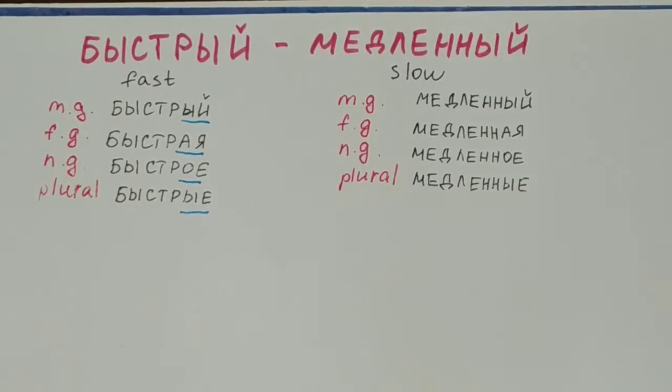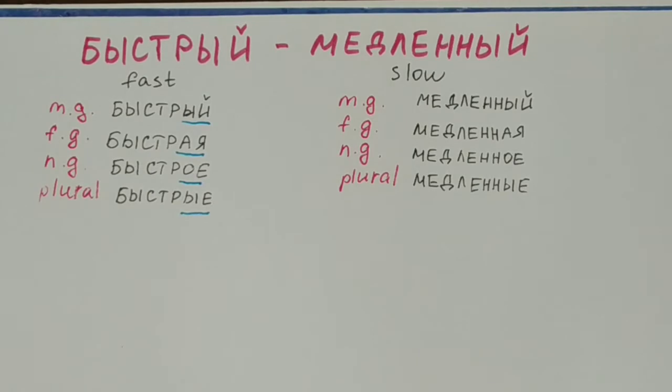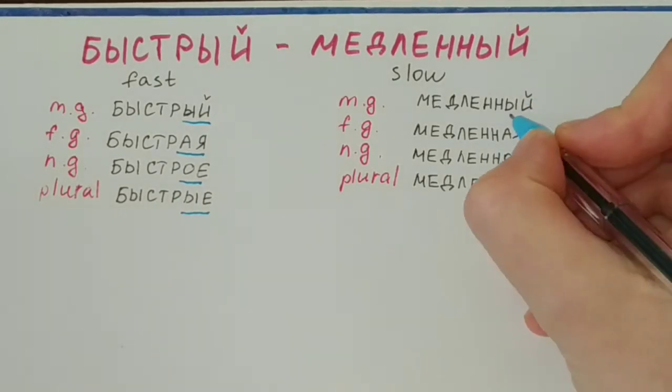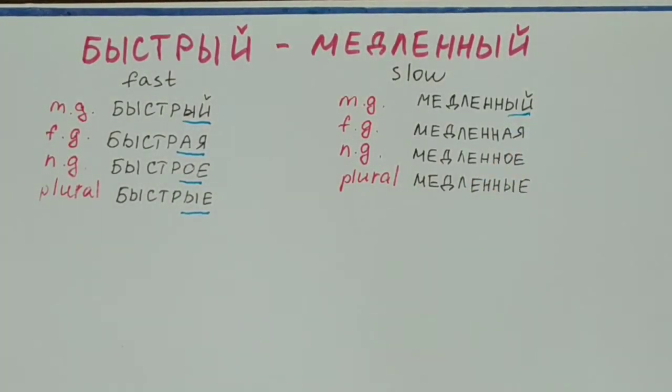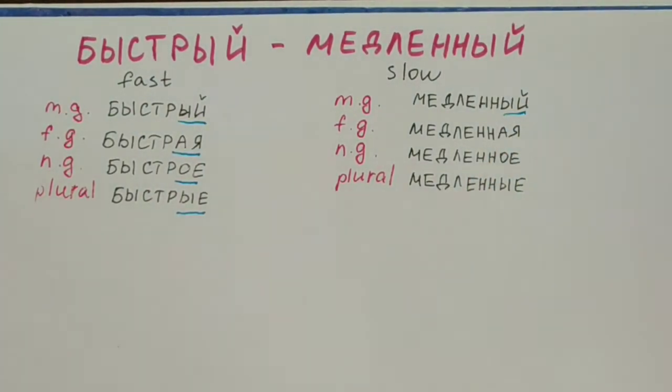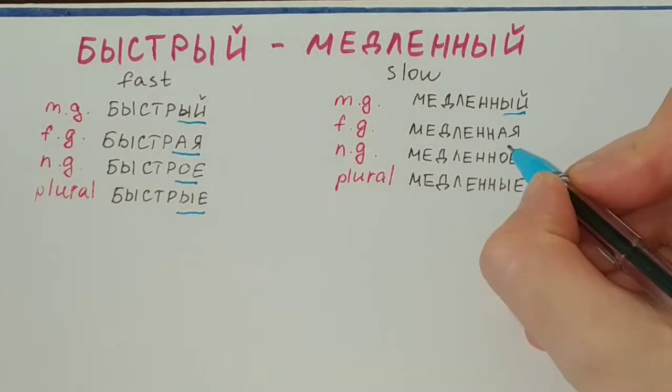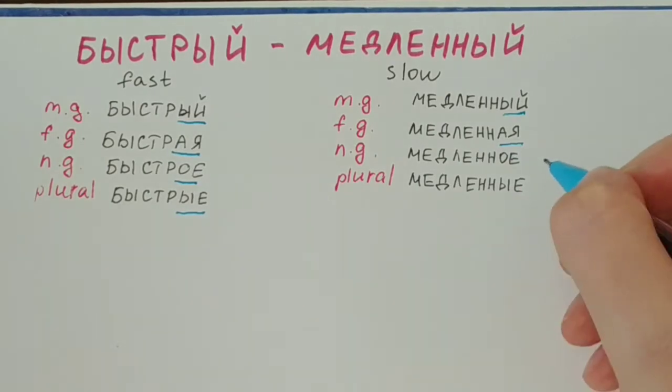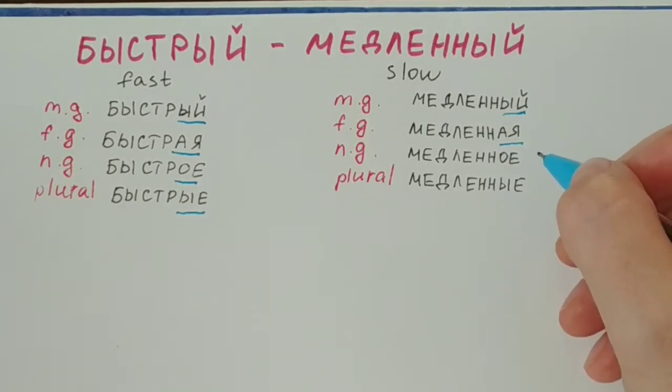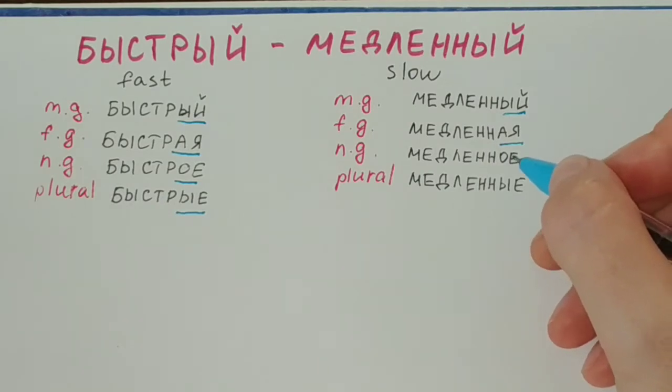And now, if we look at the gender and plural forms of the adjective медленный, slow, you can see that it has the same endings. So for the masculine gender form, the ending is «ый», and it is медленный, slow in the masculine gender form. Next, for the feminine gender, we also have the ending «ая», and it is медленная, slow in the feminine gender.